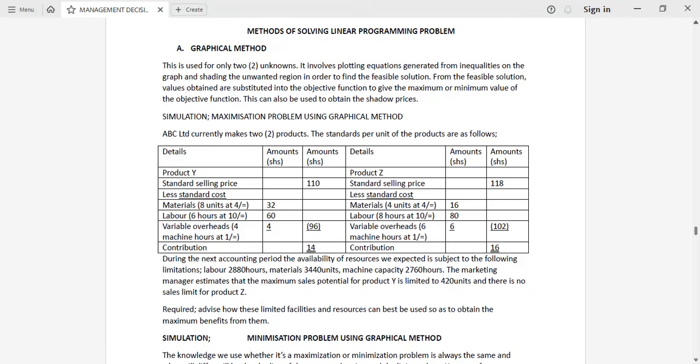Previously you had 20 million after using 10 hours, but when you added 1 more hour, your profit increased to 22 million.